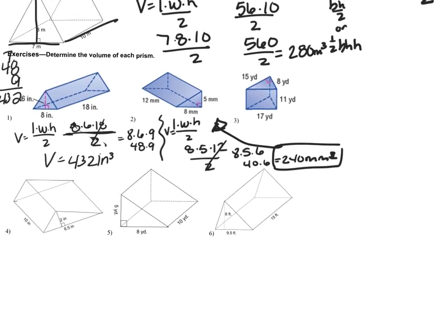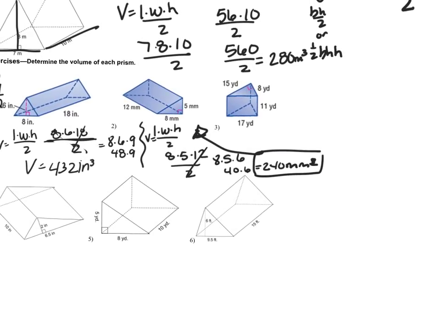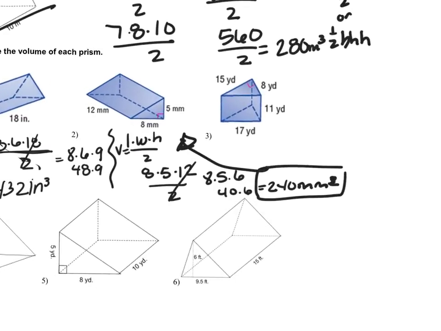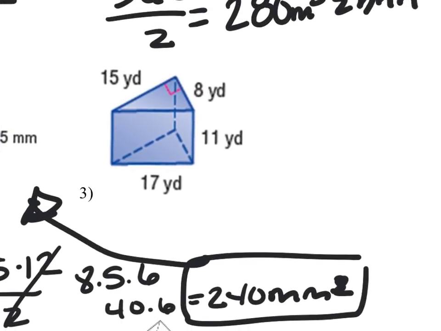Okay, now on number 3, they give us some extra information, so we really need to focus on this. This is not needed, because this is the hypotenuse. We need the height and we need the base. So we're going to say length times width times height divided by 2. So my length is going to be 8. My width is going to be 11.